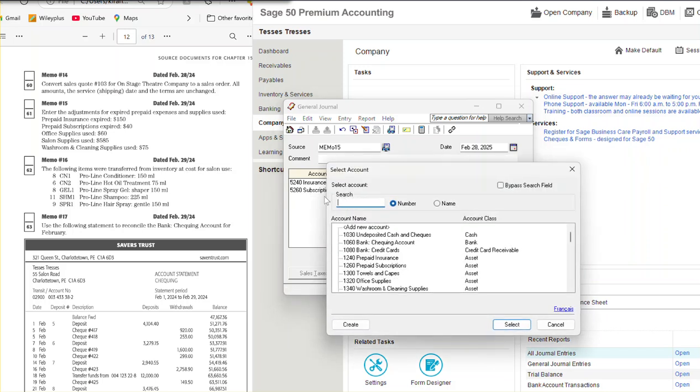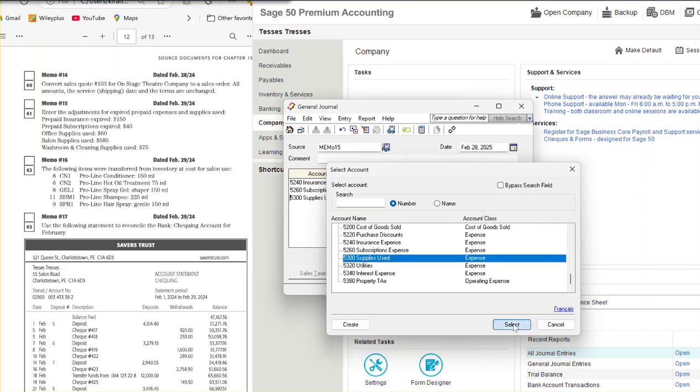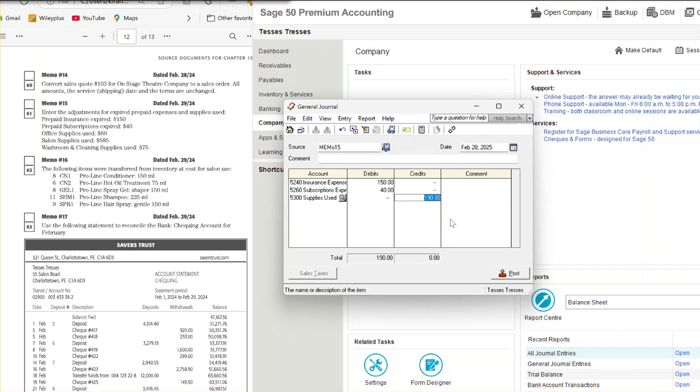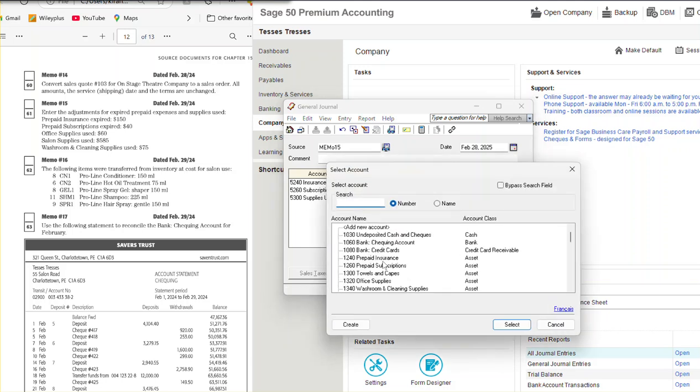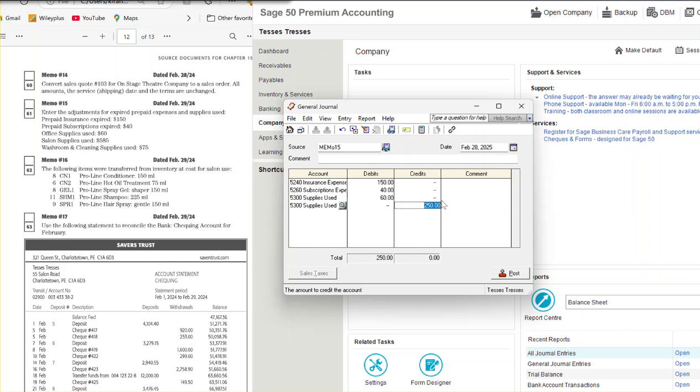Then we have our office supplies expense. We used 60, and then we also have salon supplies used. You can always charge it to the same supplies account, but you can also keep it separate. That will be 585, and that is salon supplies used.